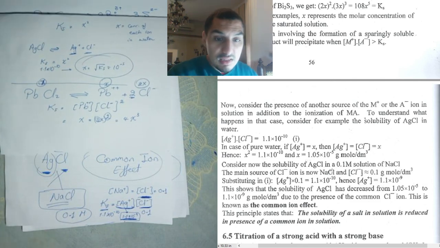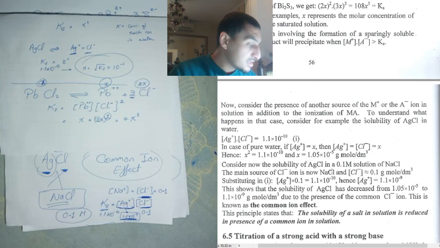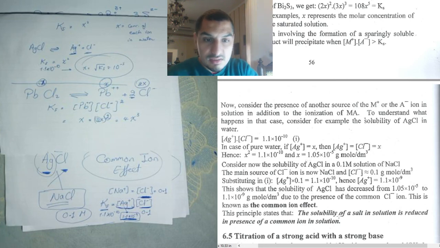So the common ion effect reduces the maximum solubility of the sparingly soluble salts in water because of the presence of the common ion, the ion that is common in the two cases, chlorine in silver chloride and chlorine in sodium chloride.